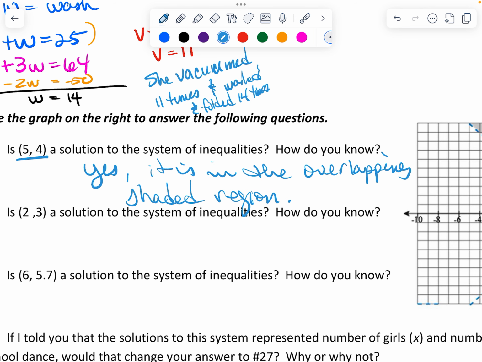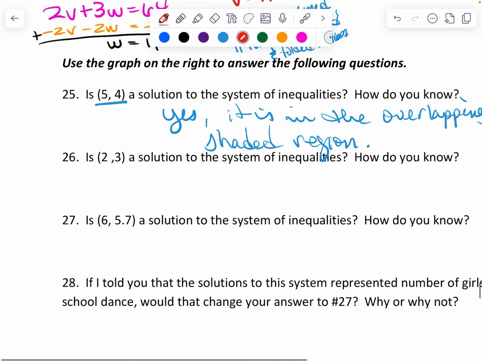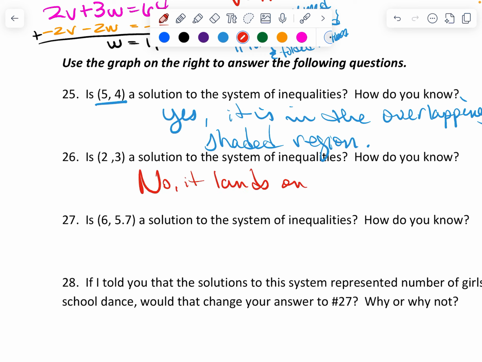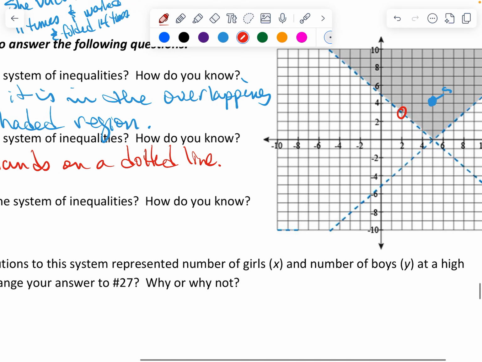Then we have 2, 3. So we're going to come over here to 2, and we're going to go up to 3. That point is on the line, and it's a dotted line, not a solid line. So no, it lands on a dotted line. And then 6, 5.7.